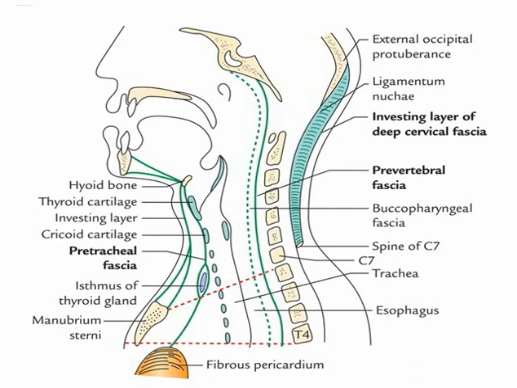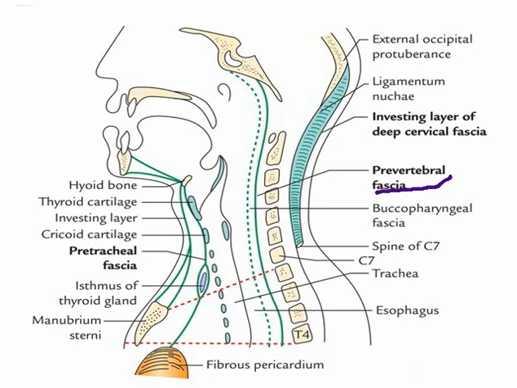We'll mark it here. This is the vertebral column. Can you see this vertebral column? In front of the vertebral column, this blue colored line shows the prevertebral fascia.